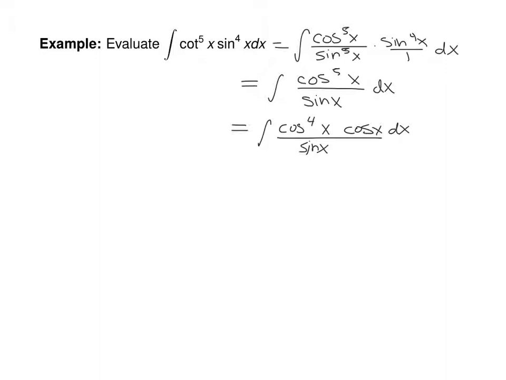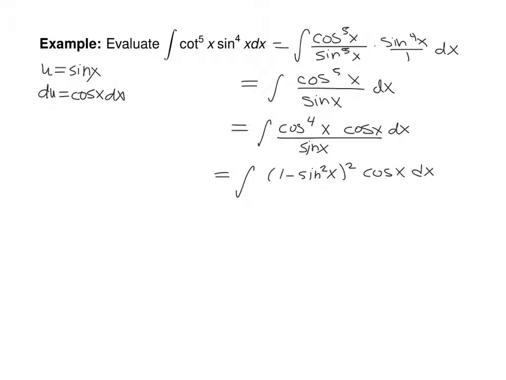And so your goal here is to let u equal sine, in which case du will be cosine x dx. Now cosine to the 4th is cosine squared squared. So that is 1 minus sine squared, the quantity squared, all over sine x.